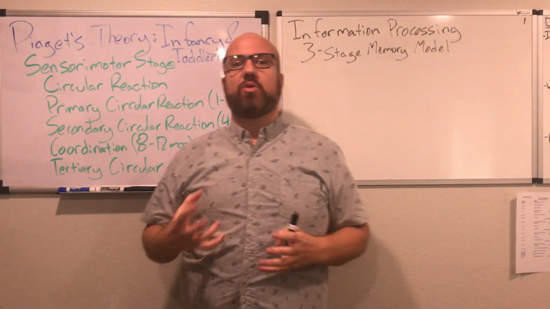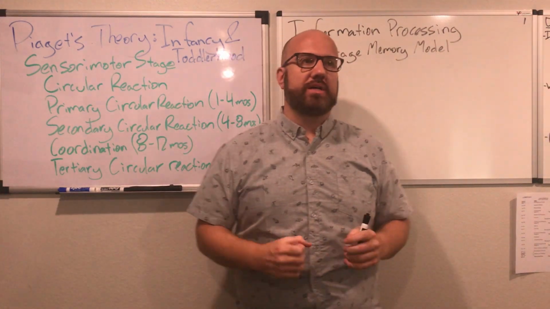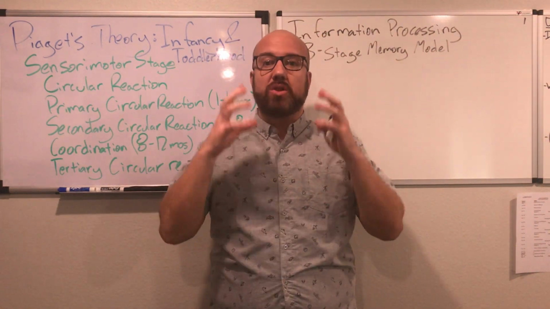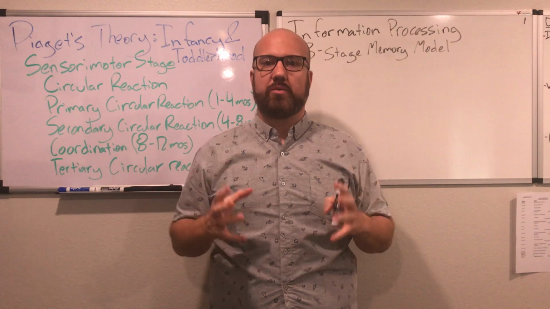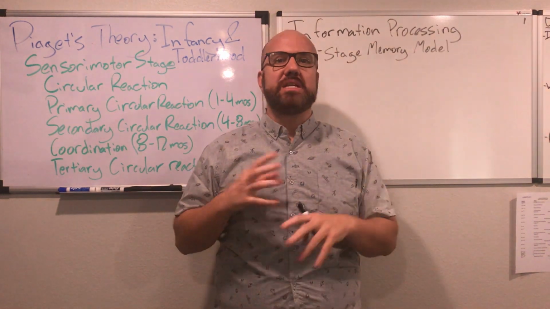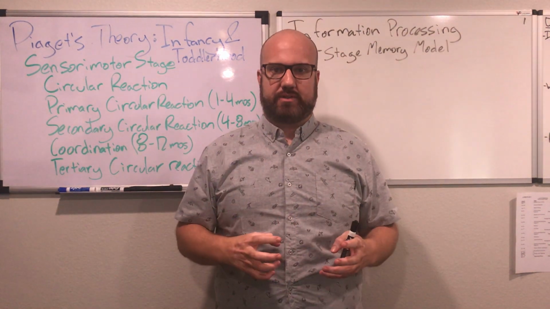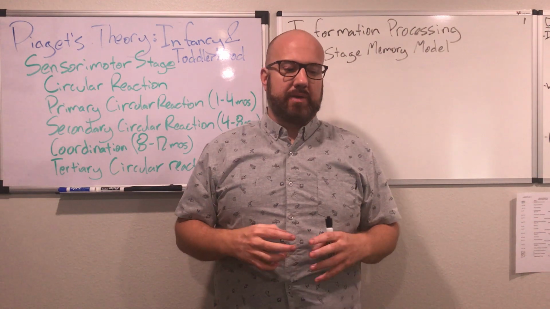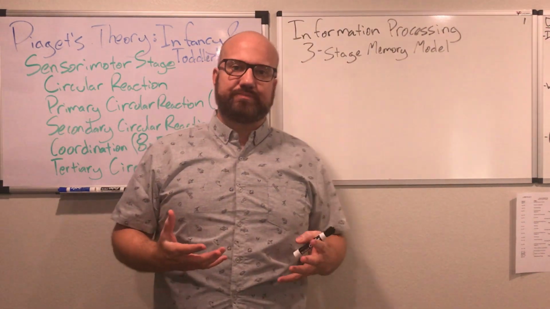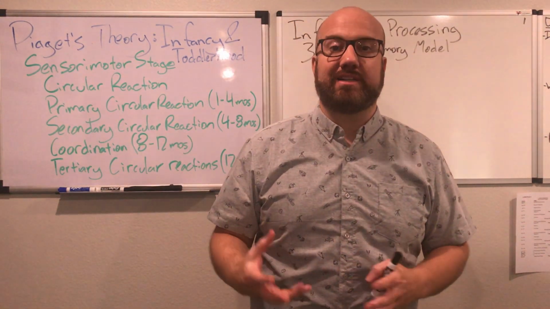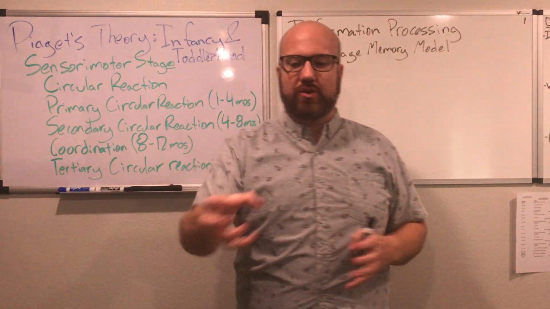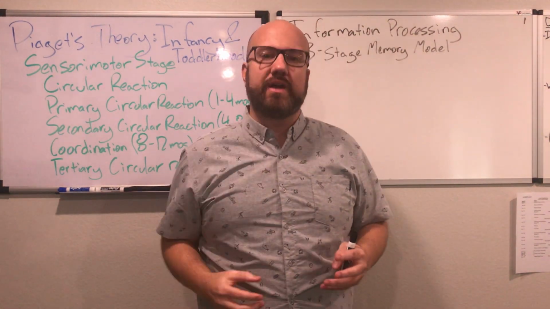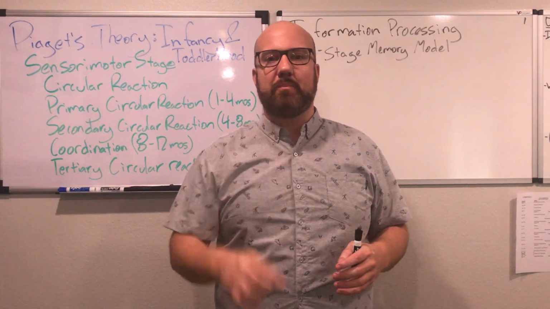If you remember, the premise of Piaget's theory was that we learn cognitively by manipulating the world around us. Okay? And so when we think of an infant, what does an infant like to do? Well, they like to grab things, stare at things, put things in their mouth.